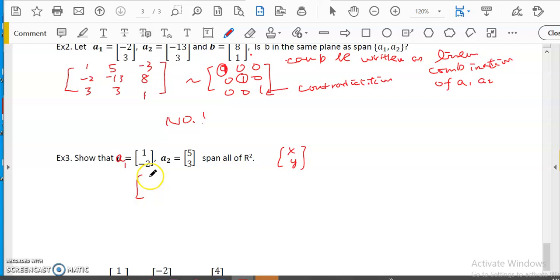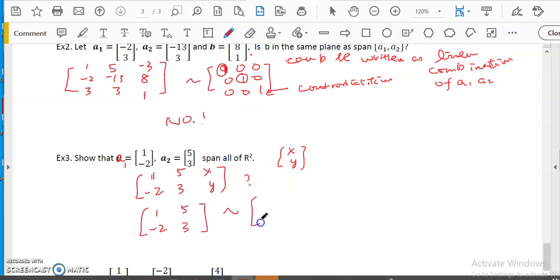So the way to do it would be 1, -2, 5, 3, x, y, to see if there's a solution, right? Because this is the augmented matrix. But because this is an unknown, I can just do this first. You can do it by hand, but I will just do this.